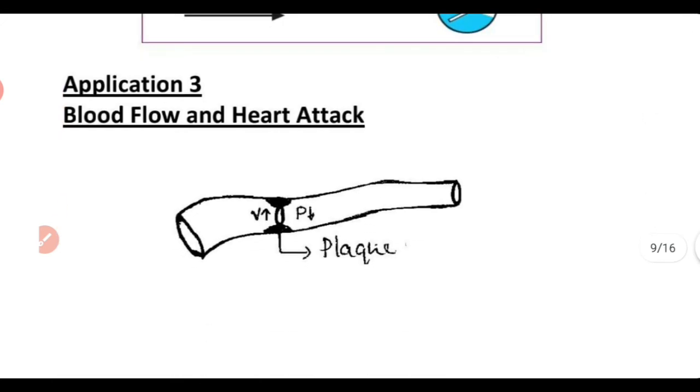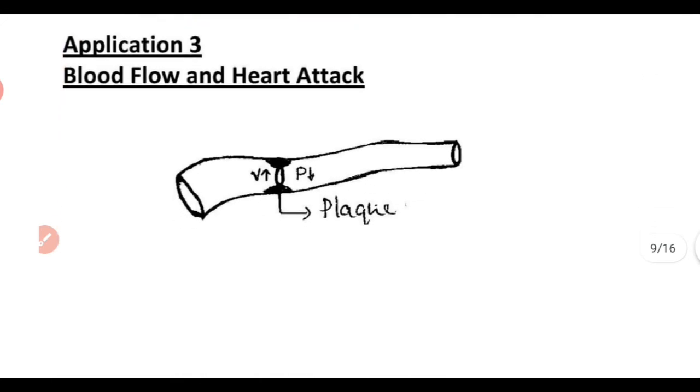Now we have application 3, that is blood flow and heart attack. In arteries, plaque gets deposited on the walls of the arteries, because of which the opening, or area of cross section, of the artery decreases.